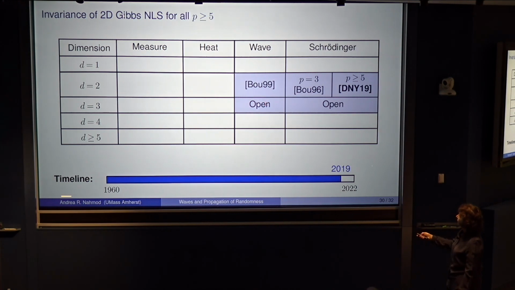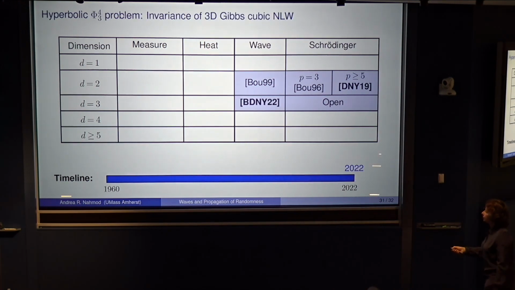Okay, so in 2022, together with Bjorn Brinkman, we solved what is called the hyperbolic phi-4-3 model, which is nothing but the invariance of the 3D Gibbs measure under the flow of the nonlinear wave equation.